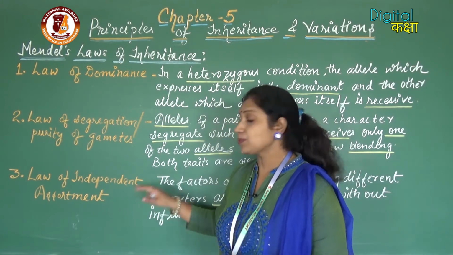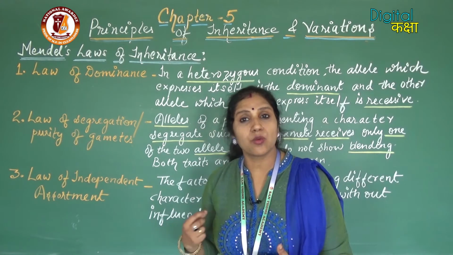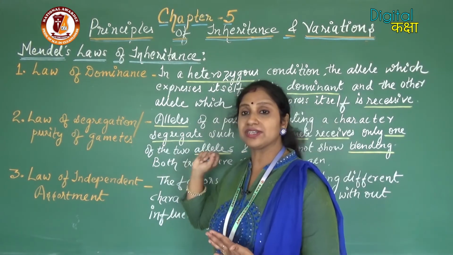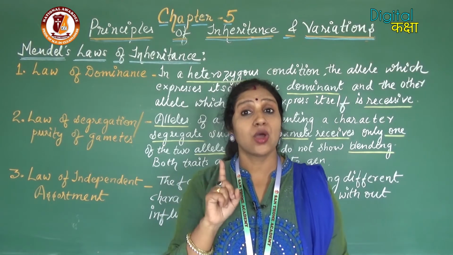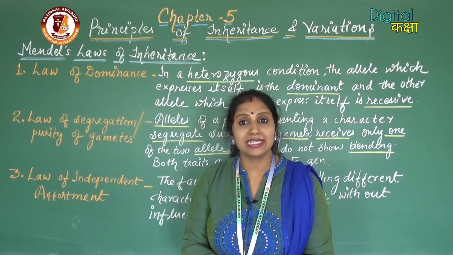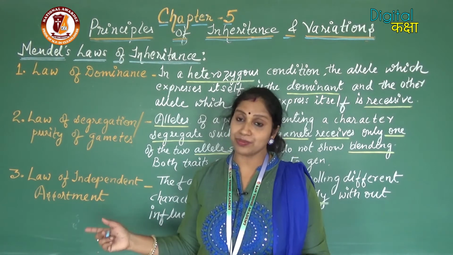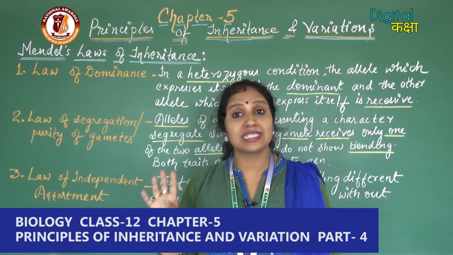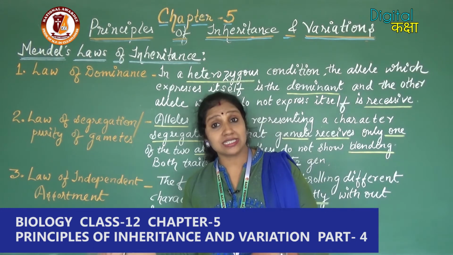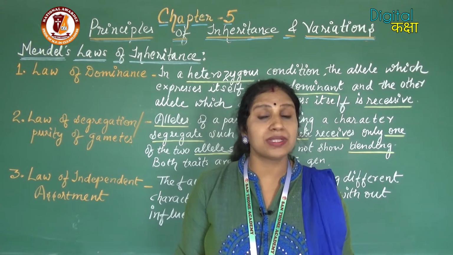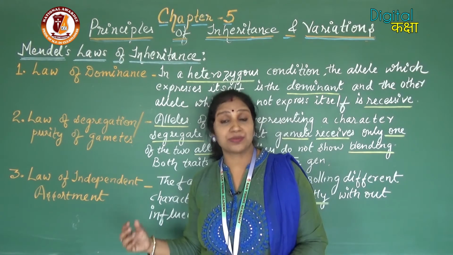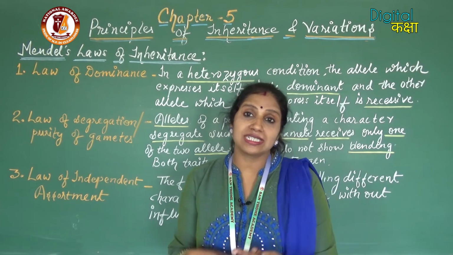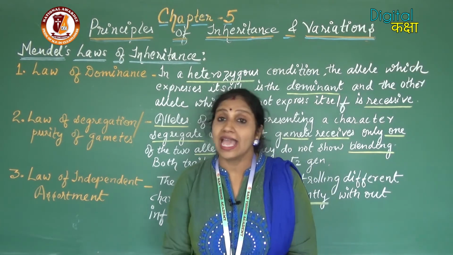Now, this law of independent assortment is somewhat similar to the law of segregation. In the law of segregation, we have considered one gene and two alleles. But in the dihybrid cross, you remember that we have considered 2 genes and 4 alleles, and it is also applicable for the polyhybrid crosses, where we consider a number of genes and their alleles.